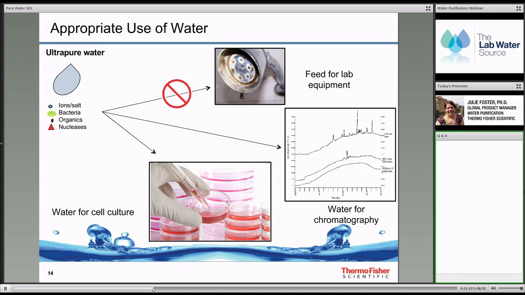And to be very specific, anytime you have a piece of lab equipment that you would like to feed a type of water, it's always best to look at the operational manual to see exactly what type of water it recommends, because it will normally call out that it needs type 2, ASTM type 2, or type 3 water.